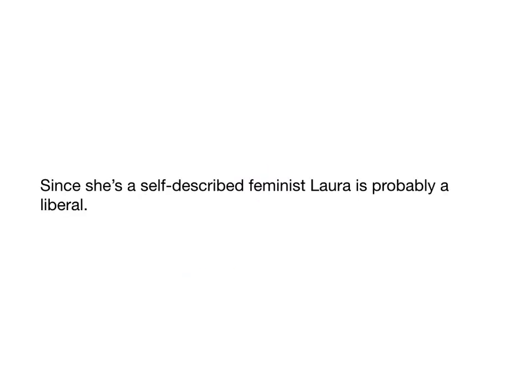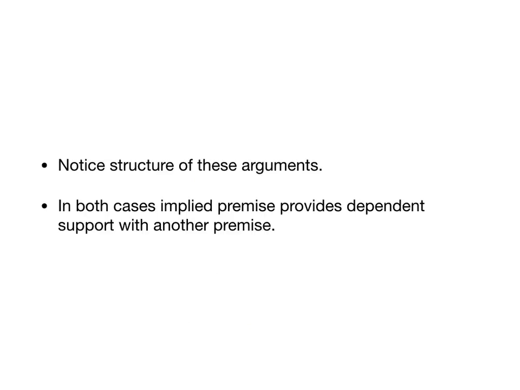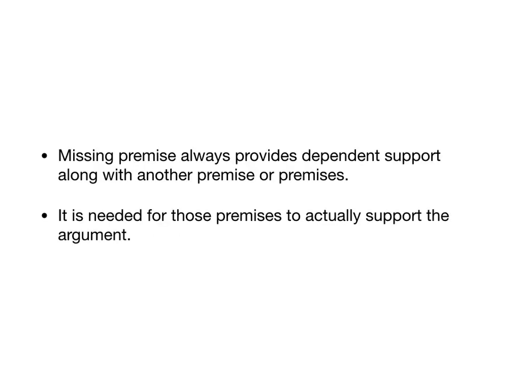This one about Laura being a liberal, again, dependent support. In both cases, the implied or missing premise, suppressed premise, whatever you want to call it, provides dependent support with another premise. That's the way that missing premises are always going to work.